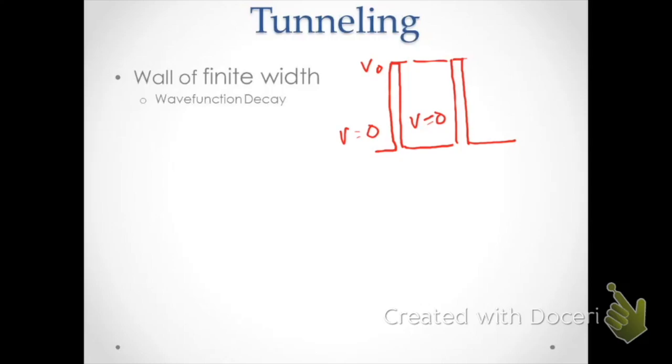When we solve the Schrödinger equation for this system and apply boundary conditions, we find that the wave function will decay from inside the box exponentially through the wall itself. So in other words, we're going to notice that our wave function might decay like that. That would be an exponential decay through the walls.